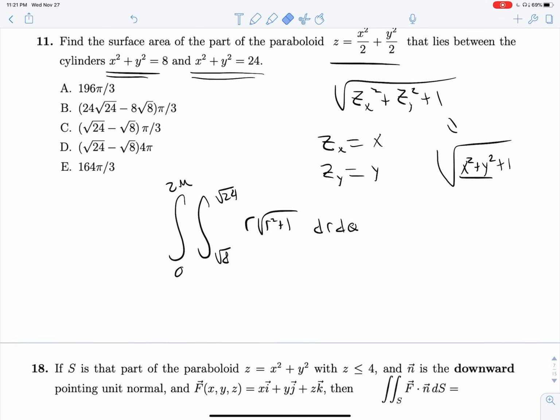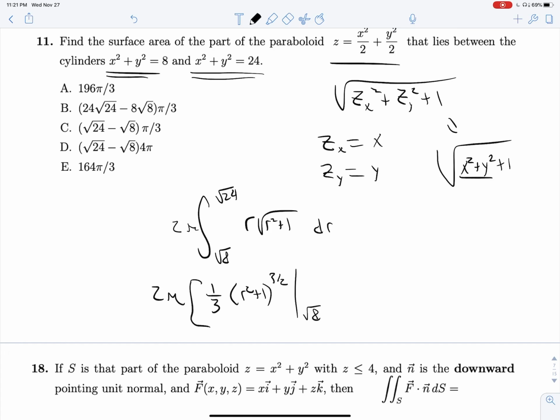This is going to give us, well, first off, I shouldn't get too far ahead of myself. This whole thing, we're not dependent on theta, so 2 pi is just going to go right out there. So this is going to be 2 pi times the quantity, 1/3 r squared plus 1 to the 3 halves on root 8 to root 24.